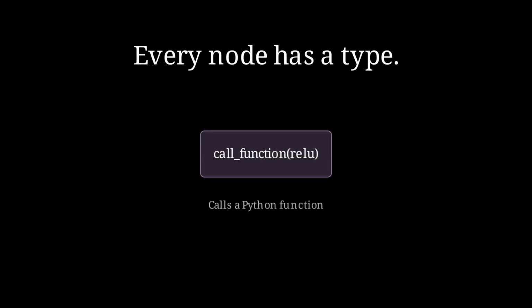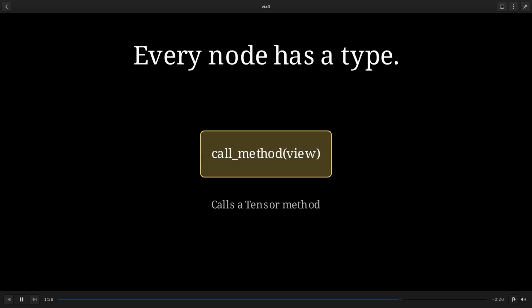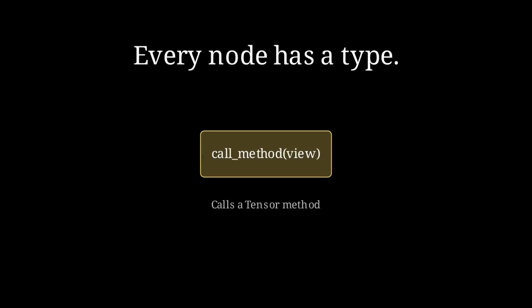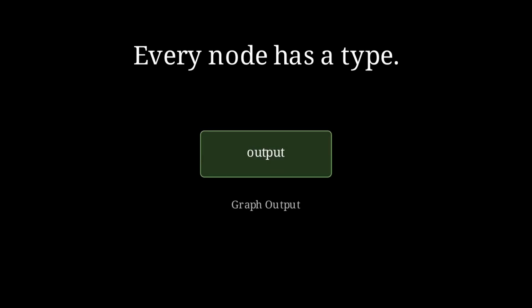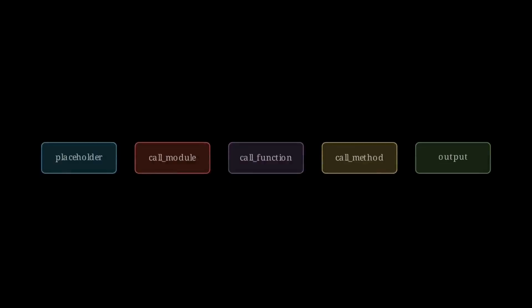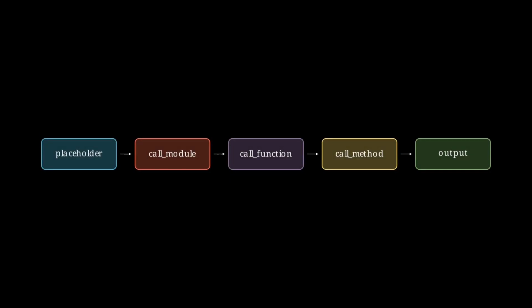A call function node represents a regular Python function such as torch.relu. A call method node represents methods that are directly on tensors like view or reshape. And finally, every graph ends with an output node that returns the final result. Together, these node types are enough to describe the entire computation happening inside your model.